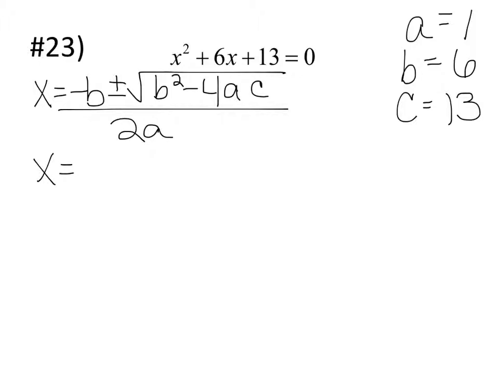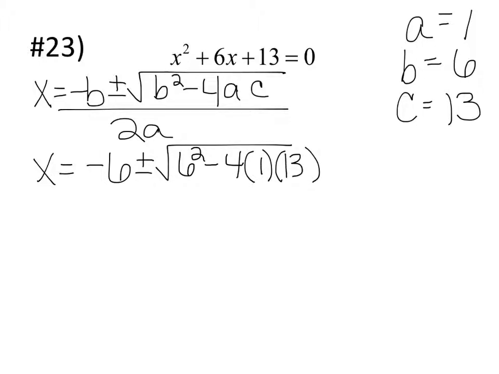So now I'm going to plug in x equals negative b, which is 6, plus or minus the square root of b squared, so 6 squared, minus 4 times a, which is 1, times c, which is 13, all over 2a. Oh, and instead of a, we're going to put 1, so ignore that. Okay.